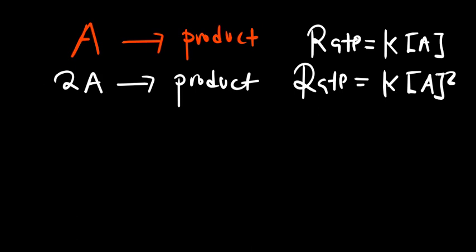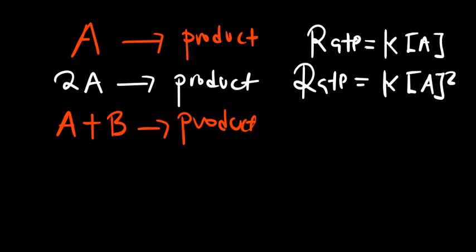Now let's say we have two reactants, not just A. We've not doubled A itself, but we've got A with B, and these give us a product. What is going to be your rate?